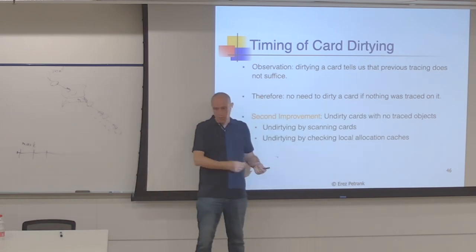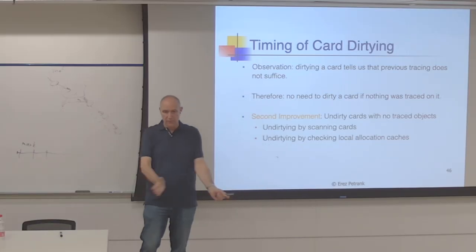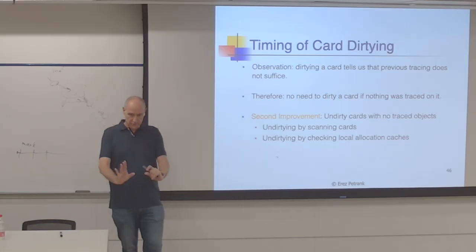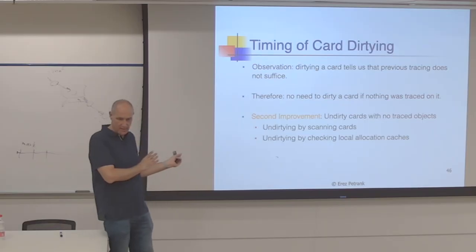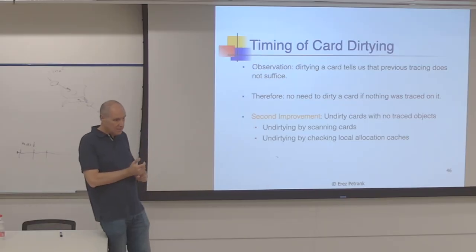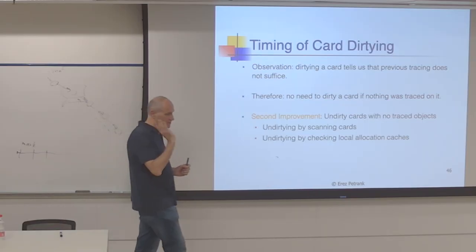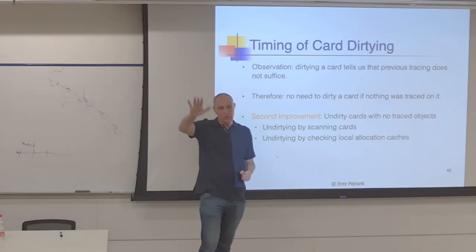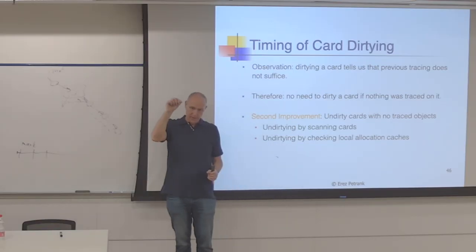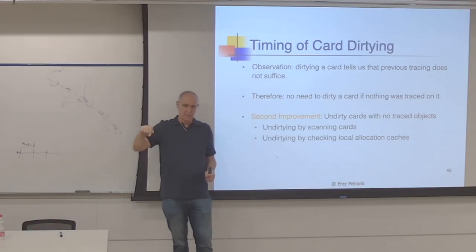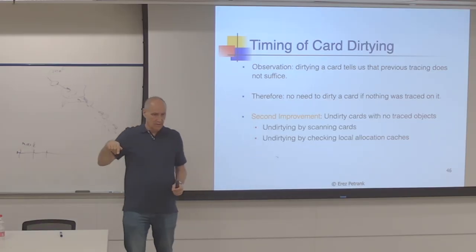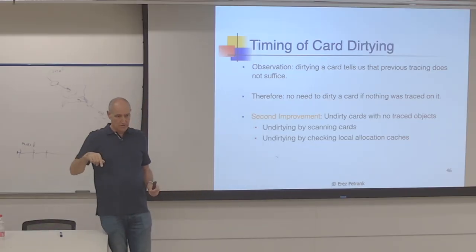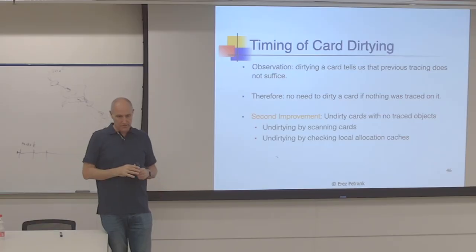The program runs all the time, and there's a huge number of writes. I do not want to burden the program with such checks. What I'm going to do is, once in a while, maybe 3 times in a collection, go through all the cards, and if a card is dirty but nothing was traced or marked on it, I'm going to cancel the dirty mark.